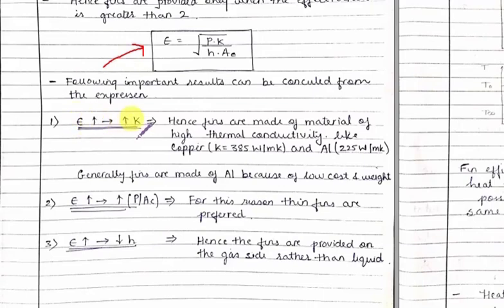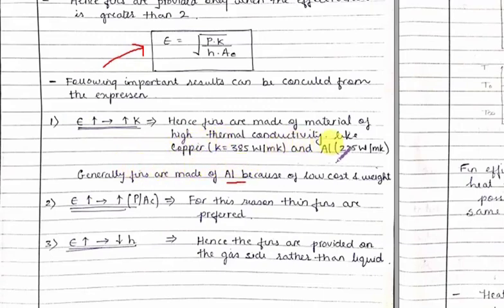Hence fins are made of materials having high thermal conductivity. Why do we utilize material with high thermal conductivity? Because the effectiveness increases. That's why fins are made of aluminum.